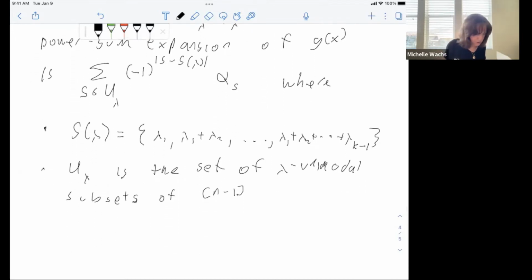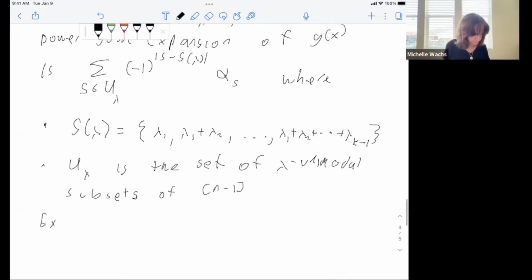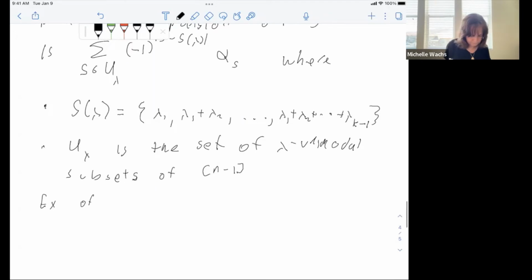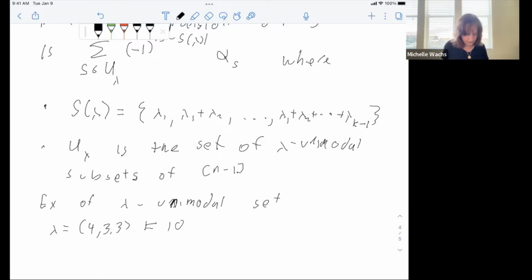So to say what the unimodal sets are, I'll just do an example. Let's say lambda is 4, 3, 3, and we're viewing it in a way as a composition of 10.